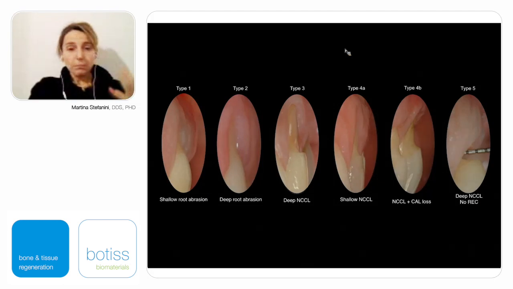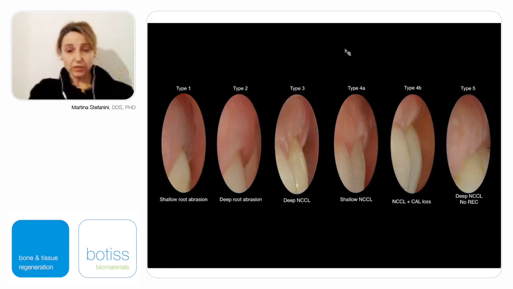And the main objective in the treatment of these problems that involve both hard and soft tissues is to treat first the hard tissue, meaning to restore the lost cement-enamel junction. And then, once the cement-enamel junction is properly restored through a restorative therapy, a mucogingival surgery can be applied.